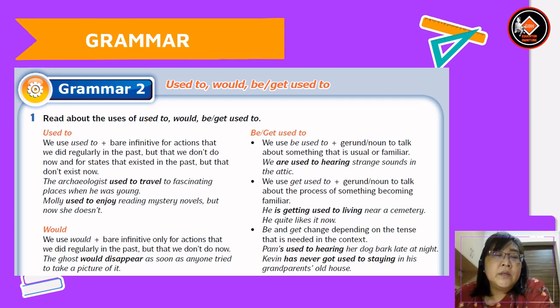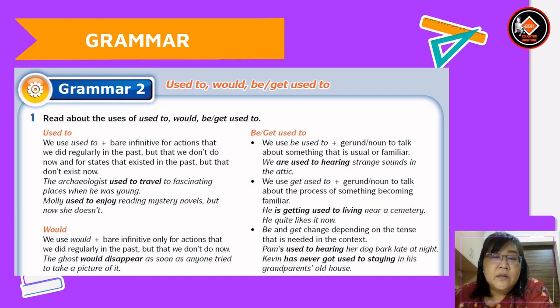We use used to plus bare infinitive for actions that we did regularly in the past, but that we don't do now, and for states that existed in the past, but that don't exist now. Example, the archaeologist used to travel to fascinating places when he was young. Molly used to enjoy reading mystery novels, but now she doesn't.